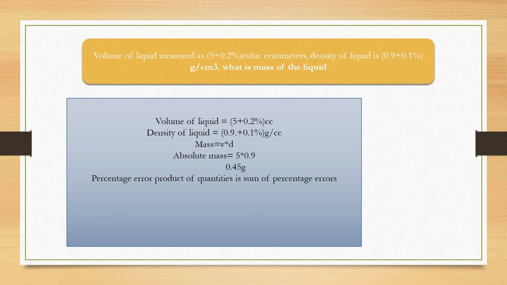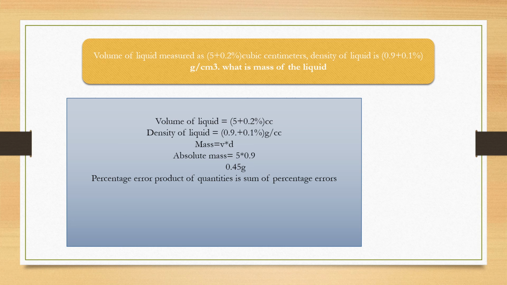Now we have to find the percentage error in mass. We know the percentage errors in the individual quantities, volume and density, but we have to find the percentage error in the resultant, that means mass.